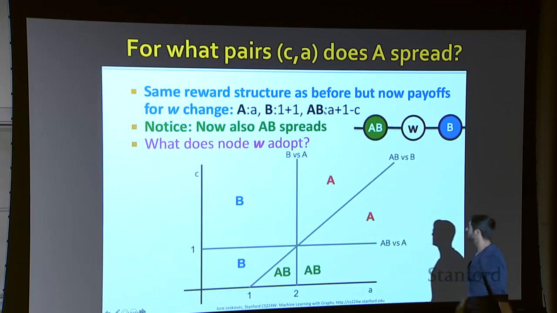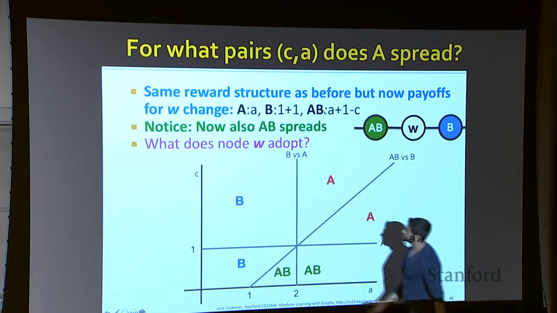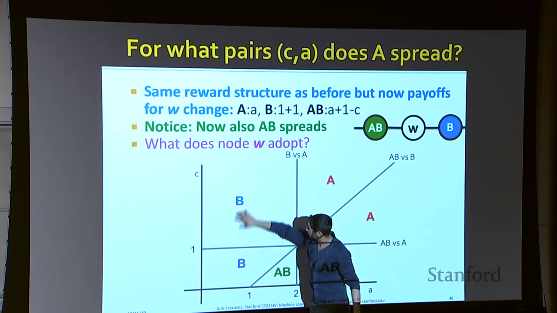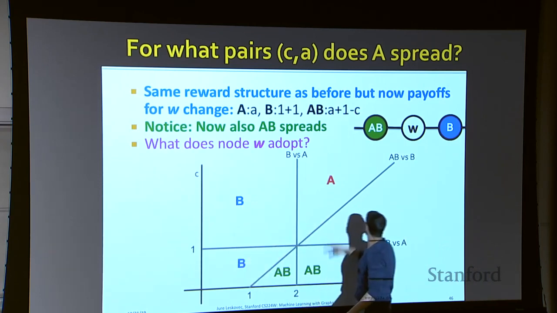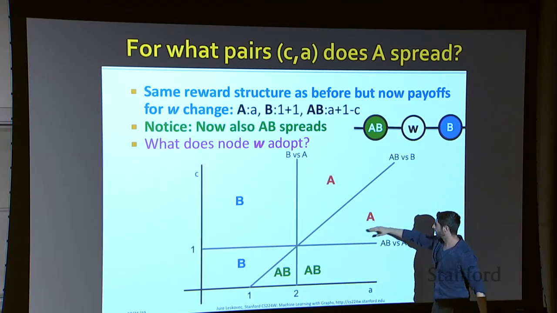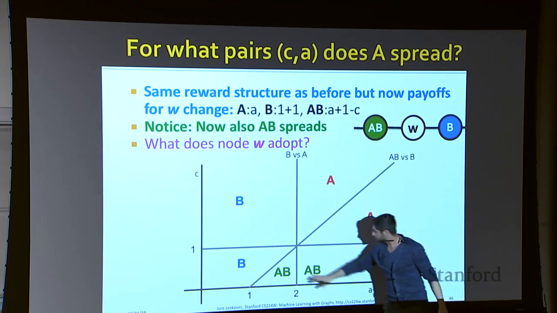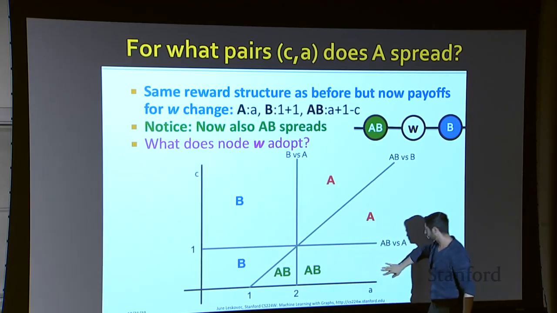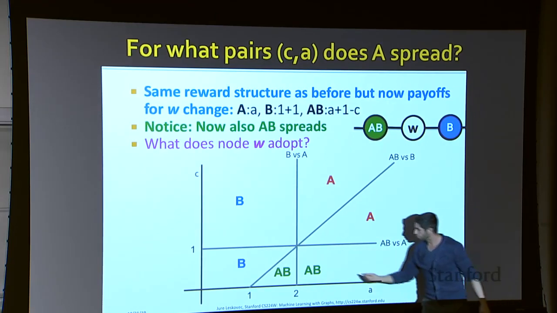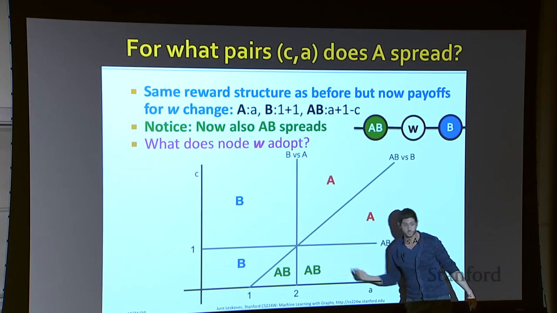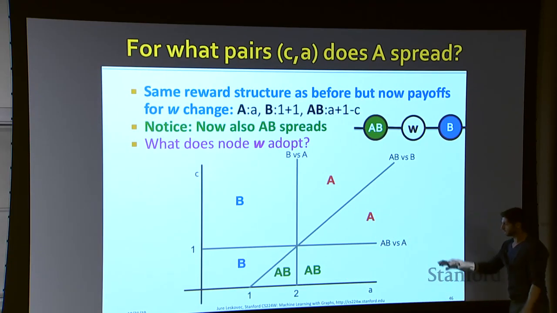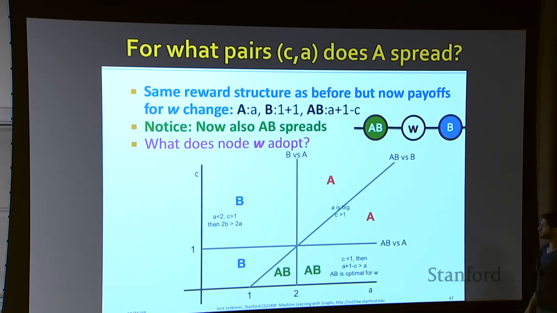So the same story as before applies. You see these two areas where it's worth staying with B. You have this large area here where it's worth swapping to A, and then you have this buffered zone that we map to what we've seen before, where it's still worth staying with AB, with that hybrid strategy.